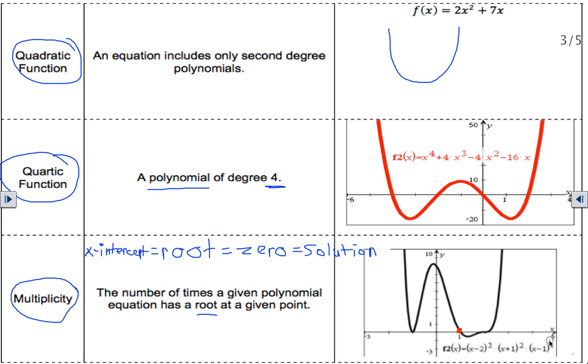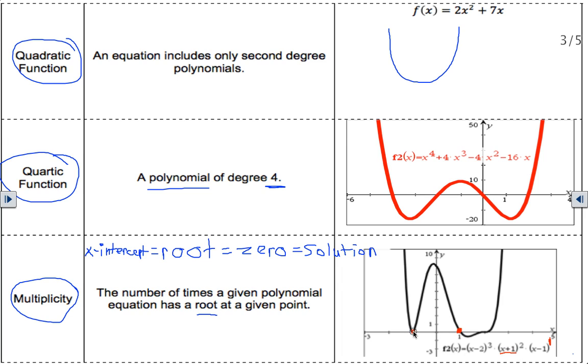And this degree here, even though it's not there, would be a degree of 1. So this point has a multiplicity of 1. It just means whatever your x-intercept is, what's the power of that root. So this factor would be x plus 1 equals 0, and then solve for x, it would be at negative 1.